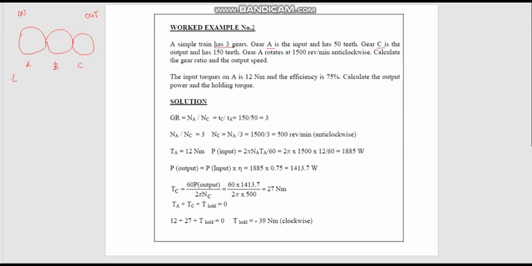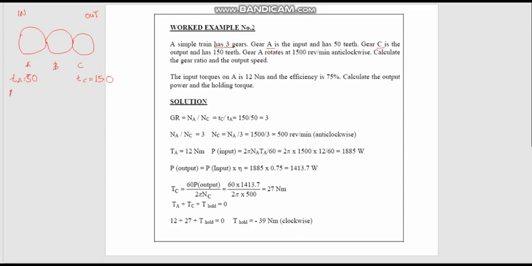It's given that gear A is the input and has 50 teeth, so TA equals 50. And gear B, we don't know what it is. Gear C is the output, and TC equals 150.